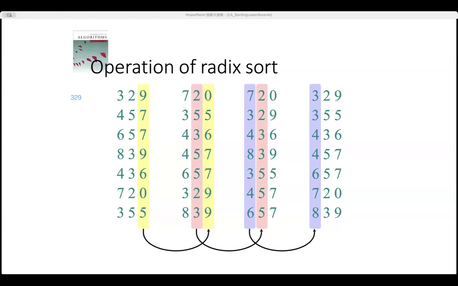Okay. So 329. And then the next one, we have 329 and then 355, right? Sorry, 355. The next one will be it's 4, right? 457.